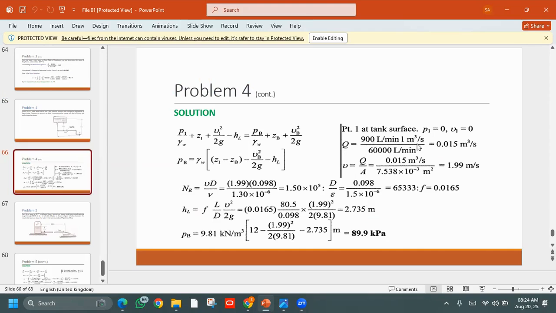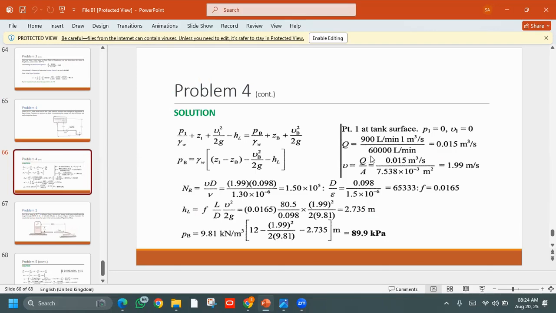So we know that 1 meter cube per second discharge equals 1000 liters. So we need to divide 900 liters by 1000, and as this is given in minutes, we need to convert it into seconds.